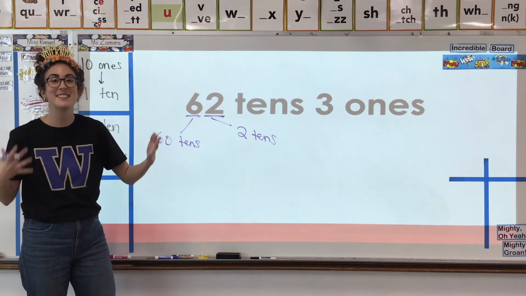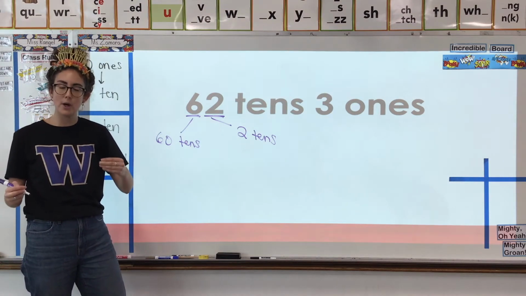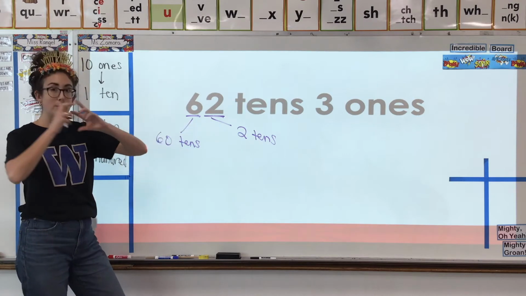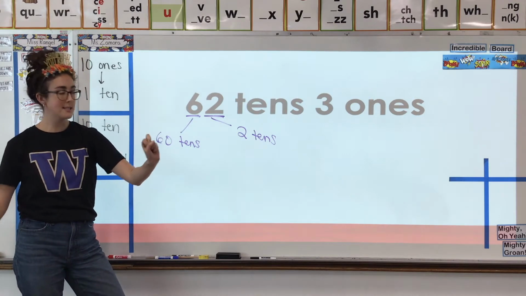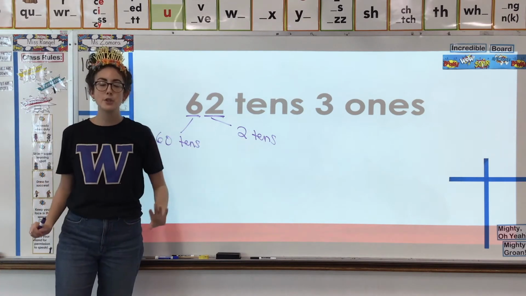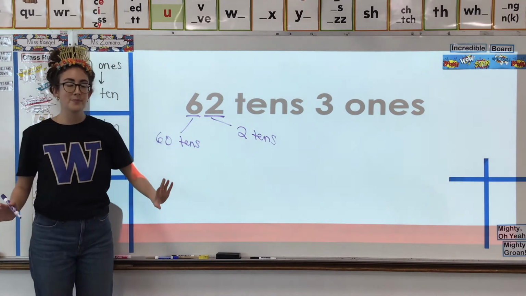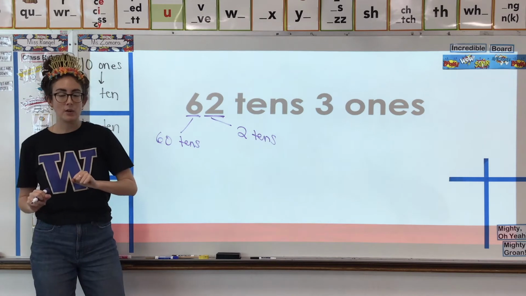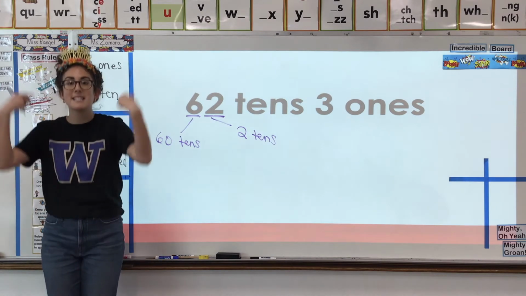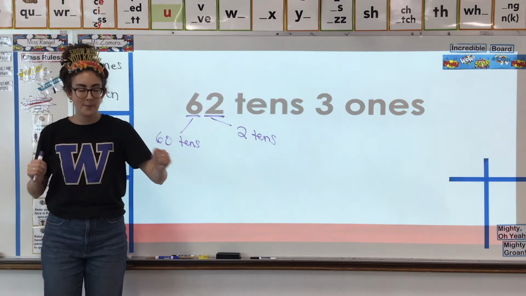I know that's a lot of the same vocabulary word, but we're using it in different ways. So to break apart 62 tens, we can see 60 tens and 2 tens. So second grade, one of these groups can be bundled to make bigger units.